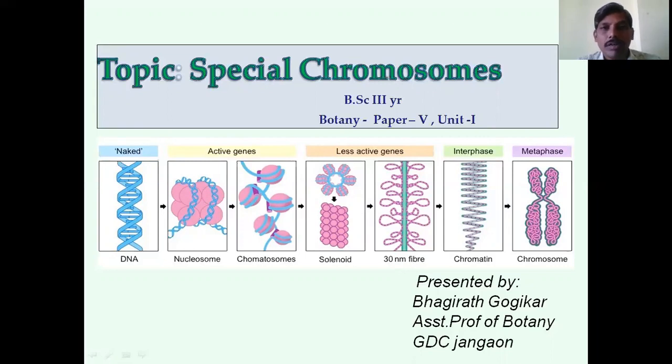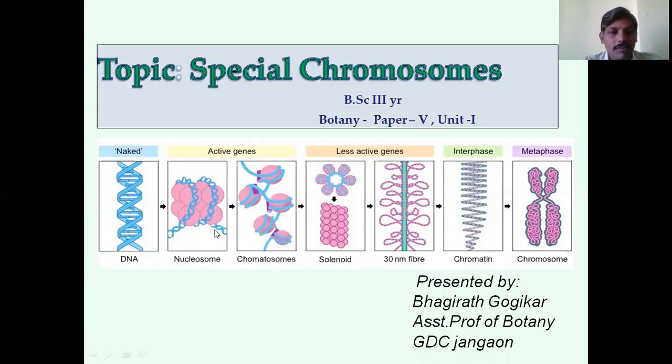In eukaryotic organisms, the DNA molecule acts as the main genetic material. This DNA molecule has two long polynucleotide chains with a diameter of 20 angstrom. This DNA molecule is wrapped around the histone proteins.